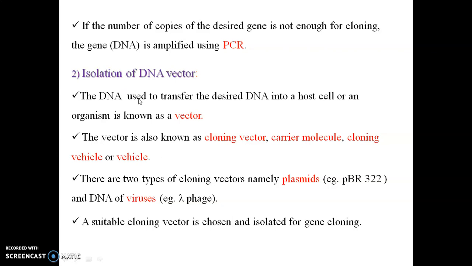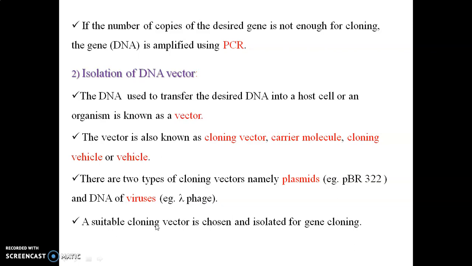Second step is isolation of the DNA vector. The DNA used to transfer the desired DNA into the host cell or an organism is known as a vector. The vector is also known as a cloning vector, carrier molecule, cloning vehicle or vehicle. There are two types of cloning vector, namely plasmid and DNA of virus.